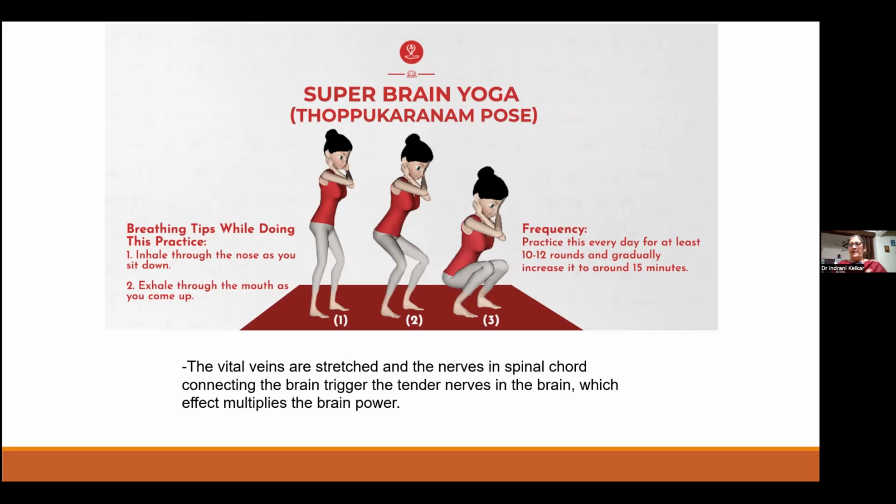Don't sit fully, it's only a squatting position. 1, sit down, stand up. Sit, stand. Count and do it 15 times. But keep straight. Don't bend forward. You must go down straight. That's very important.